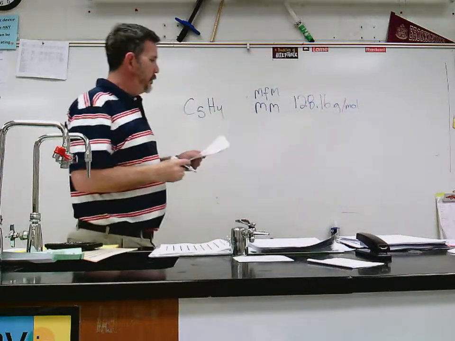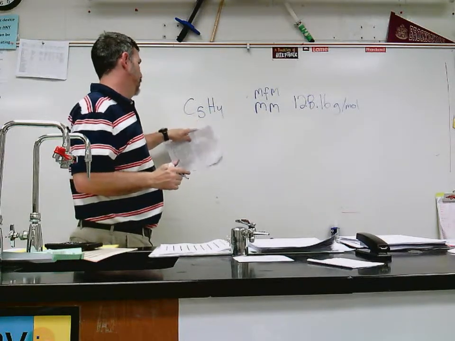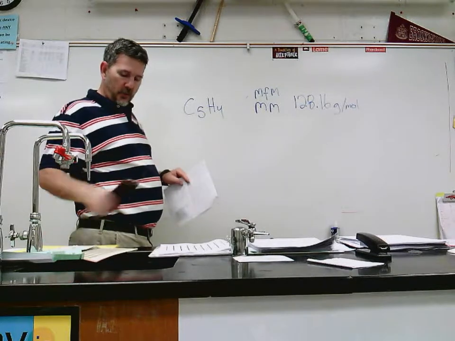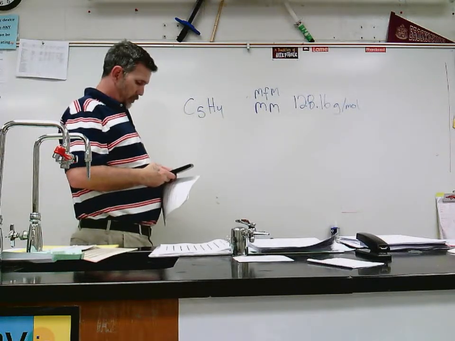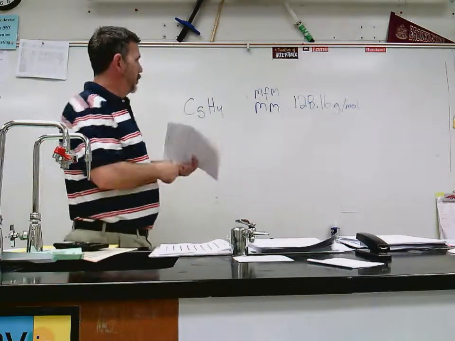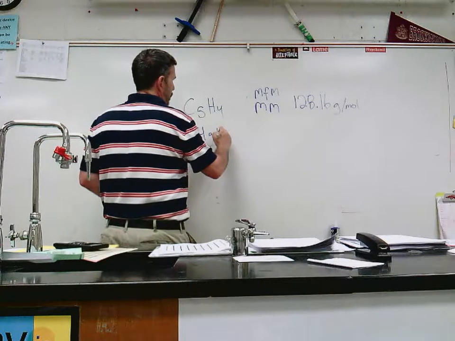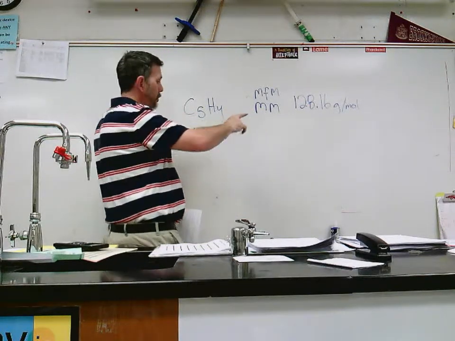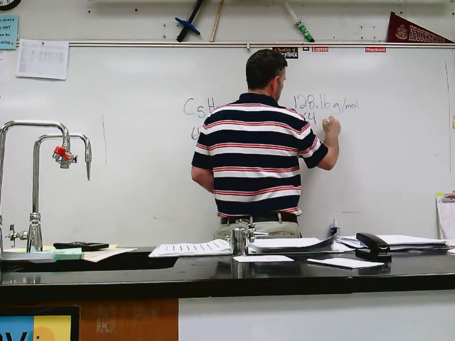Well, the way we find the molecular formula is we take the empirical formula mass, which is, let's see, 5 times 12 is, what, 60, plus 4, 64. So this is 64 grams per mole. We divide our molecular formula mass by our empirical formula mass, 64 grams per mole.